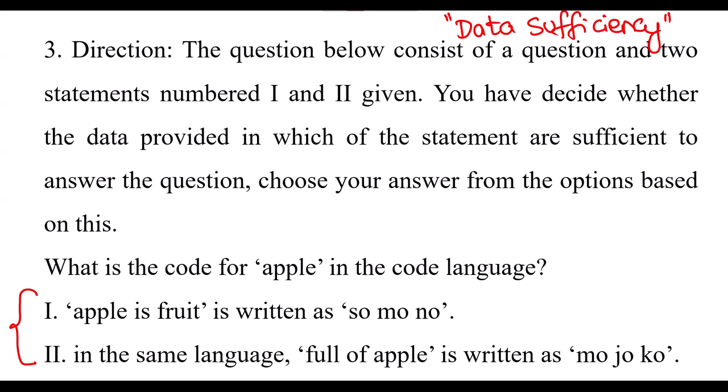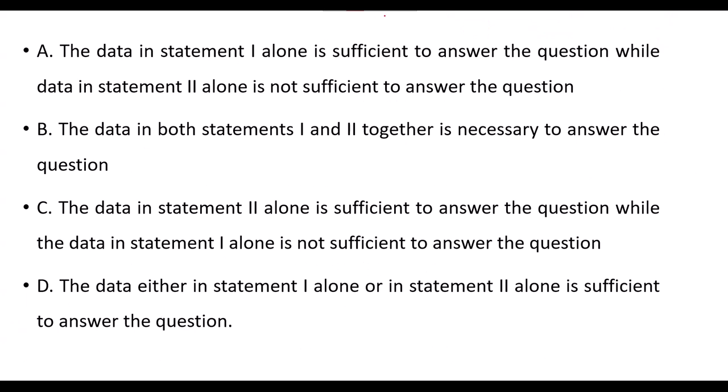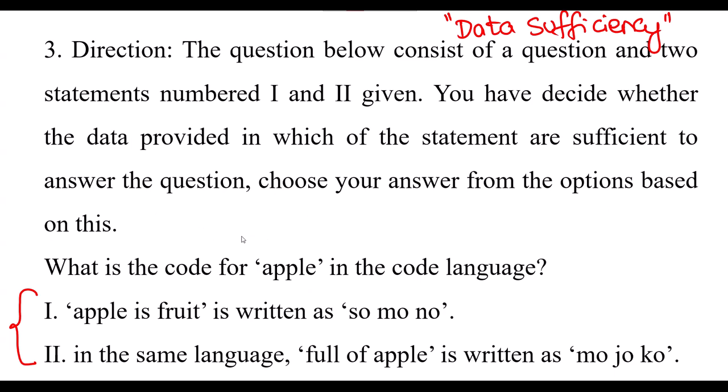Apple is the fruit is written as SOMONO. In the same language, full of apple is written as MOJOKO. So can we answer using statement one alone? That's what the options are: one alone is sufficient, one and two together, two alone is sufficient, either one alone or two alone is sufficient, both together.